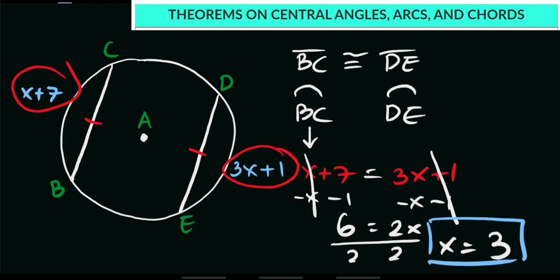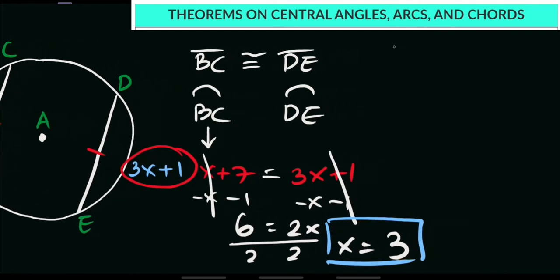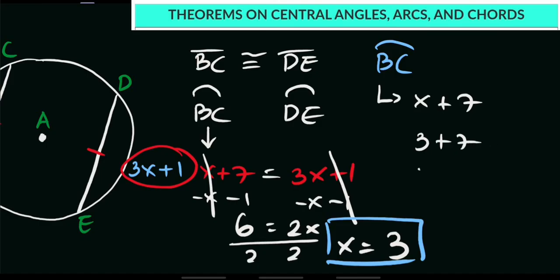Right? Therefore, if you are asked to solve for the value of the given arc, just substitute the value of x. Since we have arc BC, according to our figure, the measurement of BC is x plus 7. Since the value of x is 3, that is 3 plus 7, which is equal to 10 degrees.